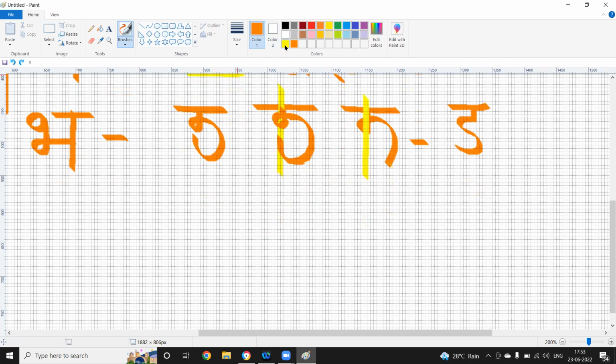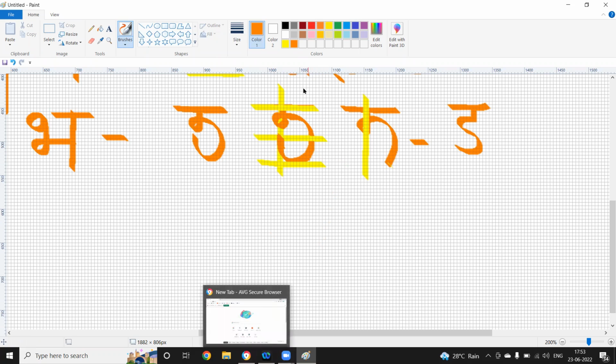Okay, so I'll draw the three lines on top of it first, and if you see this closure of the curve, it is almost touching the second line also here. It has to be that close. How it should be.